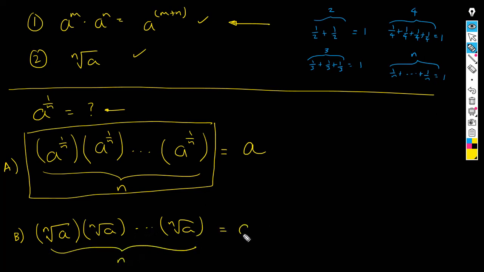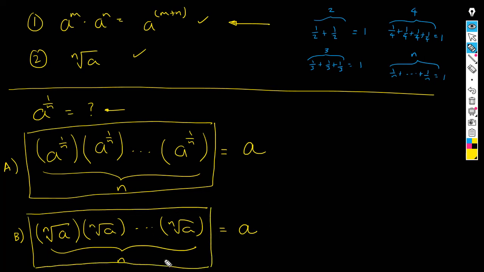You get a. Now I want you to look at part A and part B and tell me what is the next obvious conclusion. Look at them carefully. I'm gonna give you some seconds. Think a little.